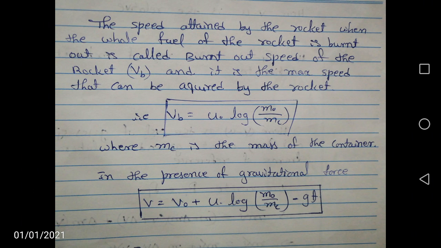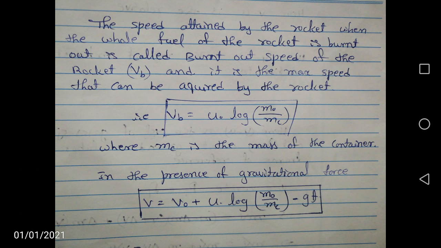The speed attained by the rocket when the whole fuel is burnt out is called the burnt out speed of the rocket, and it is the maximum speed that can be acquired by the rocket. It is given by Vb equals u log (m0 by mc), where mc is the mass of the container.